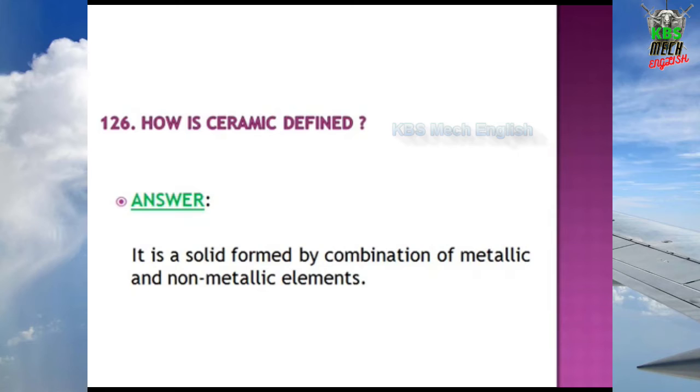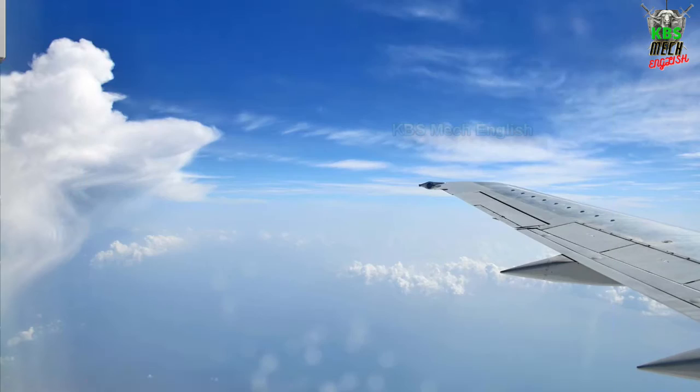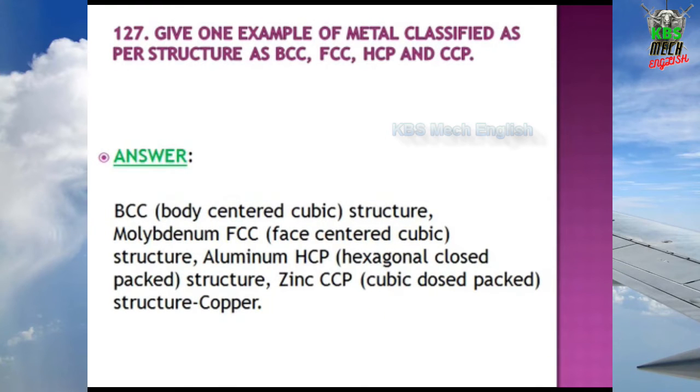Question number 126. How is ceramic defined? Answer. It is a solid formed by combination of metallic and non-metallic elements. Question number 127. Give an example of metal classified as structure.